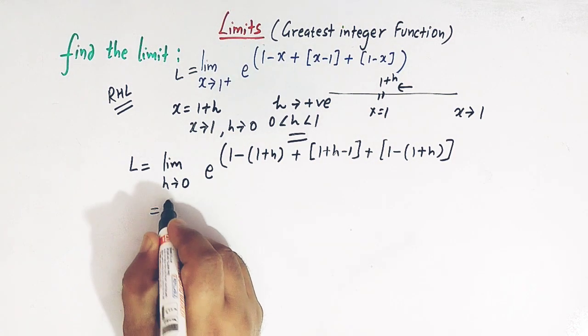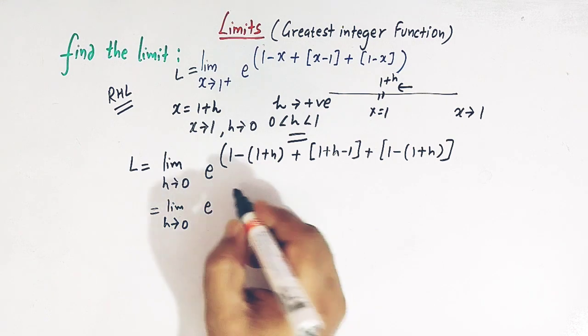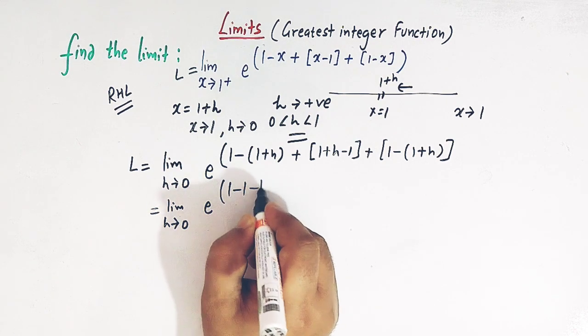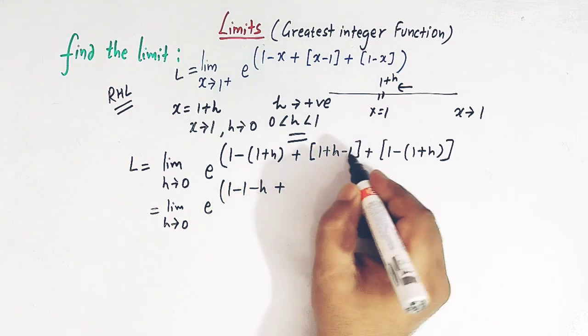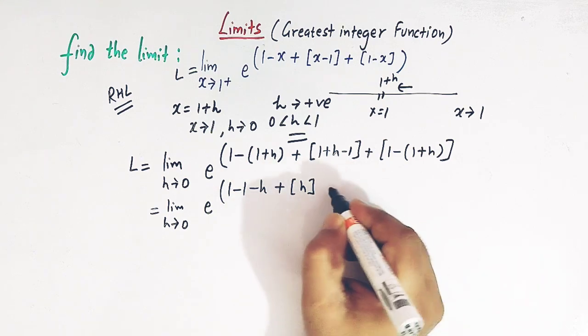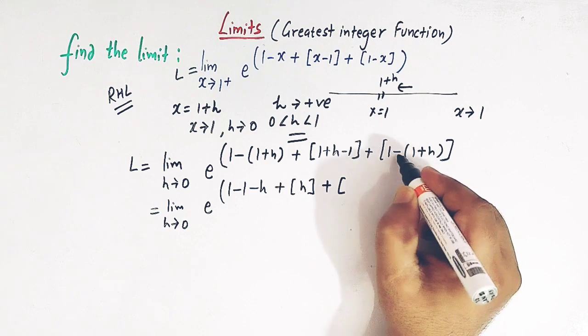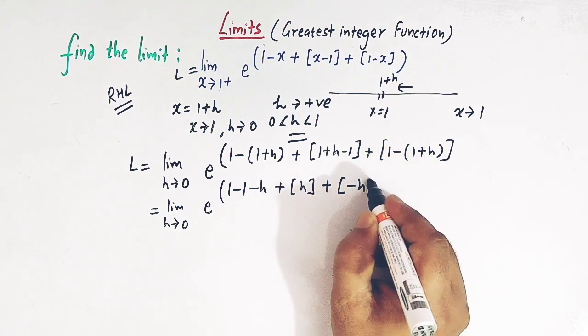So now we can write limit h tends to 0, and here we have e raised to 1 minus 1 minus h, and here 1 and 1 get cancelled, so we are left with greatest integer of h, and here we have 1 minus 1 is 0, so we are left with minus h.